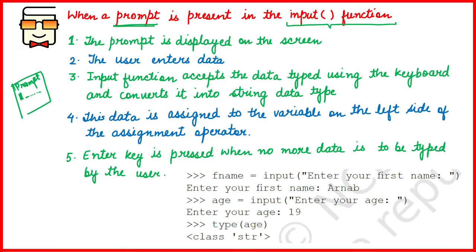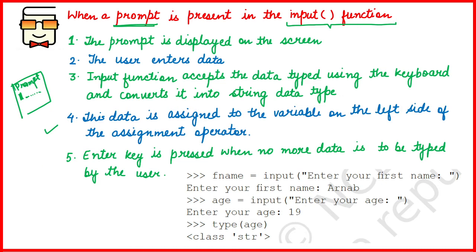Okay, and all the input data that was provided before pressing the enter key, whatever was typed by the user using the keyboard, will be stored in the variable that was present on the left hand side of the assignment operator. And then you can use that variable as you like, you can manipulate it and so on. Okay, so you must remember that pressing the enter key will terminate the acceptance of any further input.